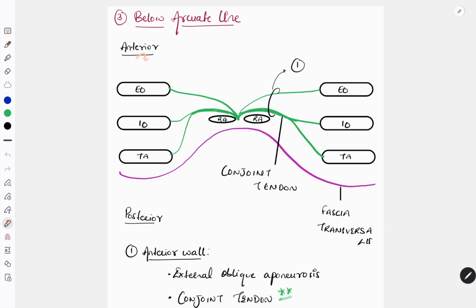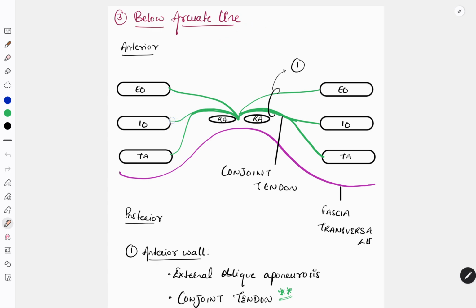Okay, now what happens over here? Look, below the arcuate line, the external oblique aponeurosis is there as normal. Now your internal oblique as well as your transverse abdominis both join together and form a common tendon, that is known as your conjoint tendon. So this is very important. The conjoint tendon we can see below the arcuate line.